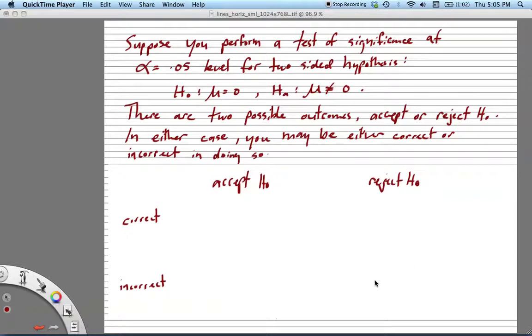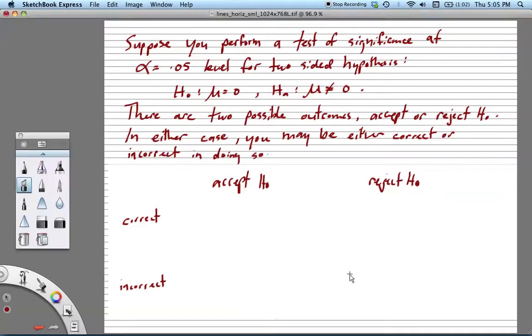Okay? So if you've incorrectly rejected the null hypothesis, this is what's called a type 1 error. And we know that the probability, as I just reasoned, of a type 1 error is just equal to alpha.